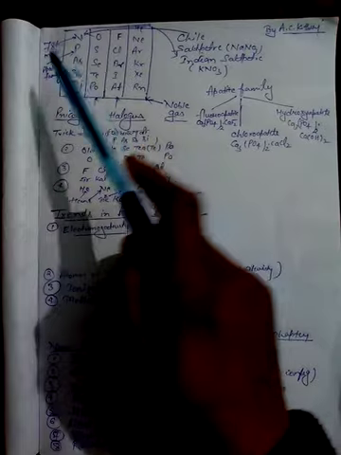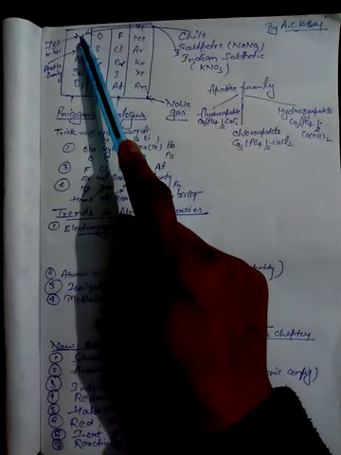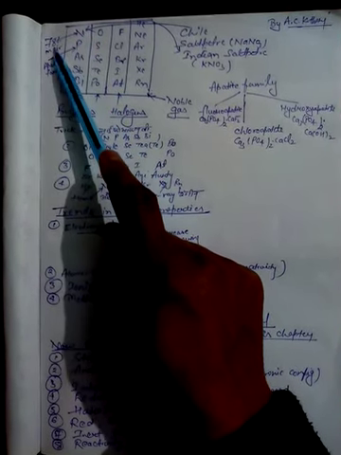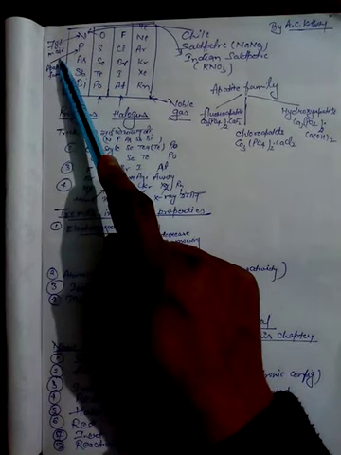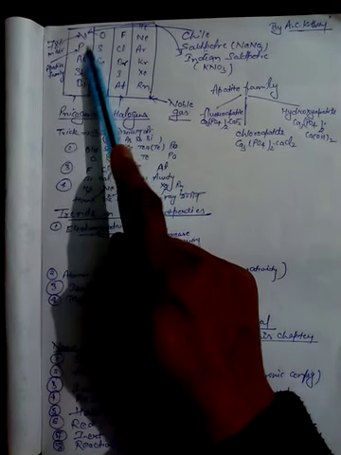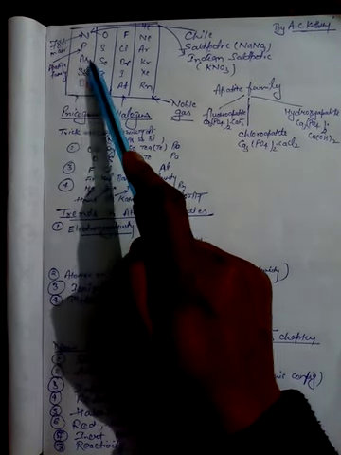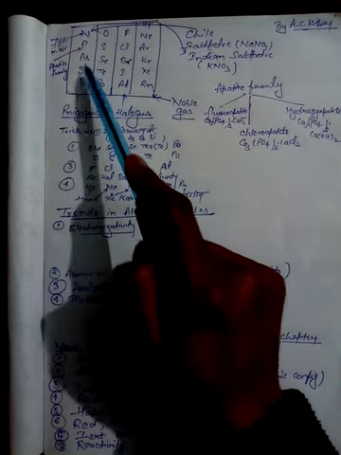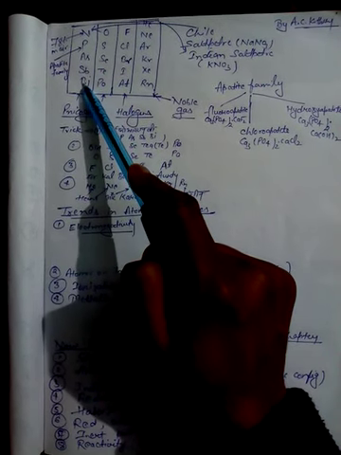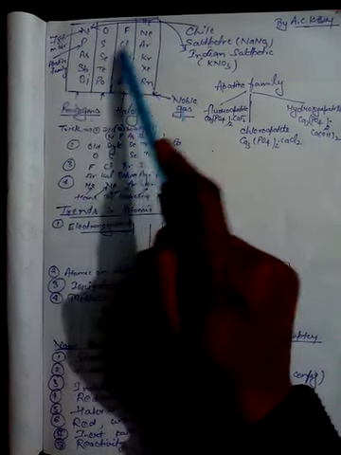Now we have nitrogen in the atmosphere by volume 78%, and phosphorus found as the apatite family, and these are very less abundant in nature.